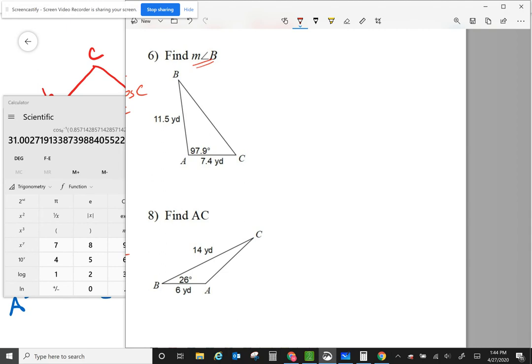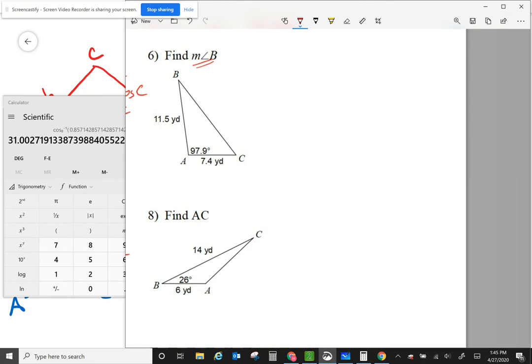So because I'm dealing with angle B, if I'm going to be looking for angle B, it would be nice for me to know side A and side C. But I don't quite know this. Now, let me solve.